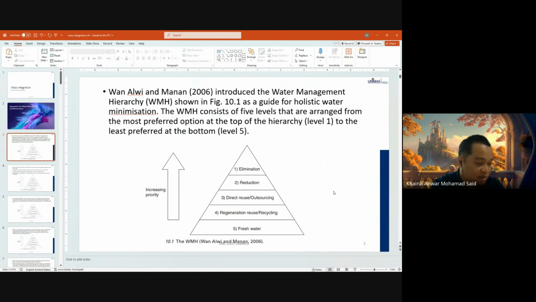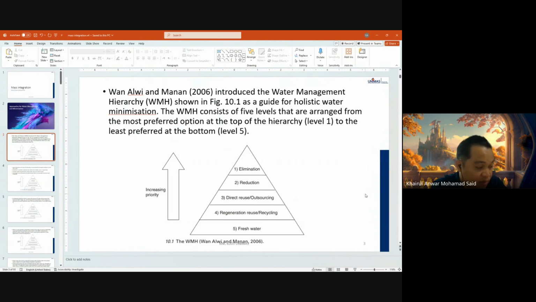Level 3 is the outsourcing. So for the direct reuse or outsourcing, this is our first step into process integration. So we take a source of effluent and send it to a sink, a process requirement, without treatment. So in this case, the capital expenditure is limited to piping and pump.